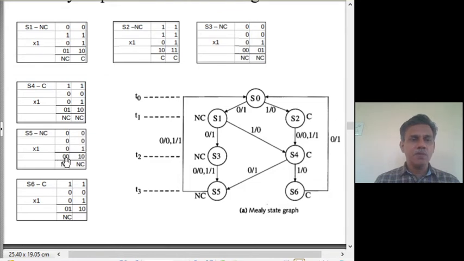So the result can be 0 or 1, because there is only 1. So always there is a no carry state, but the sum can be either 0 or 1.